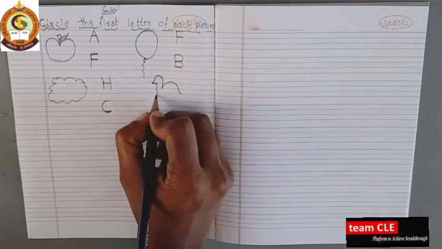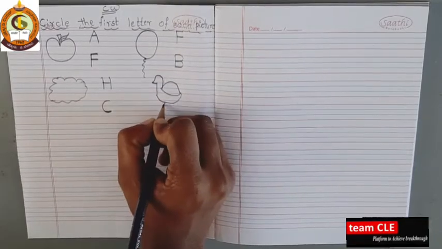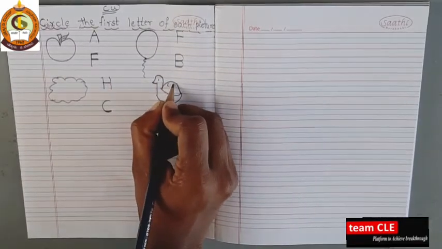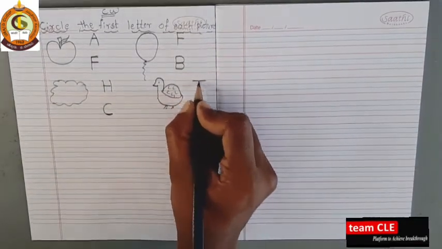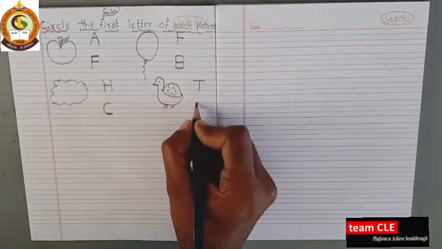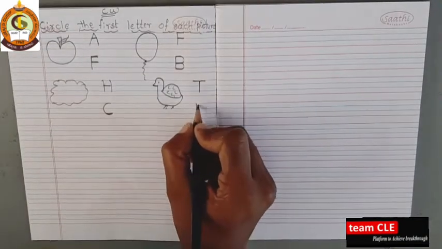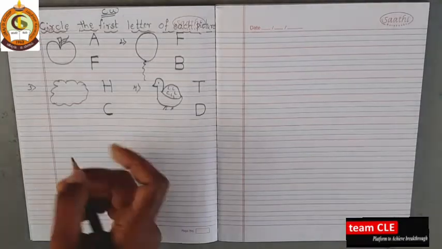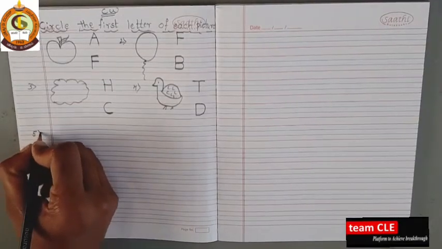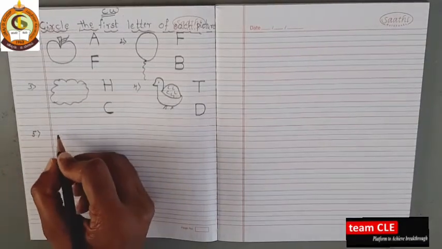Duck picture draw, and write here T, D. Next picture, draw a nest.